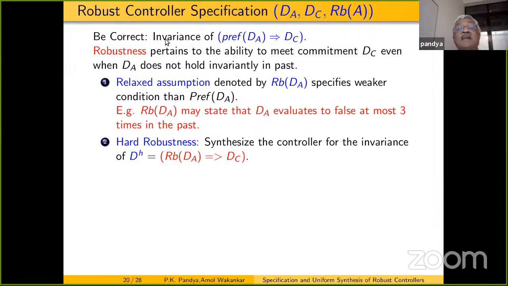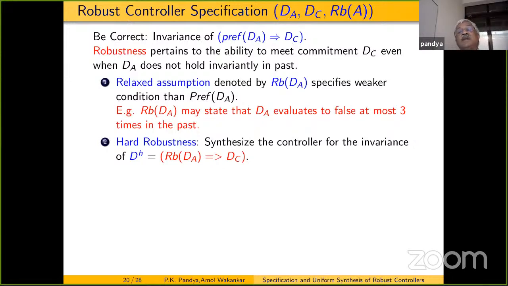In the be-correct notion, which is what most tools do, what you want to synthesize is a controller which will choose among possible outputs those outputs which ensure the following. If the DA automaton continuously has been green lighting, then you choose those outputs which will make sure that the DC automaton also green lights.